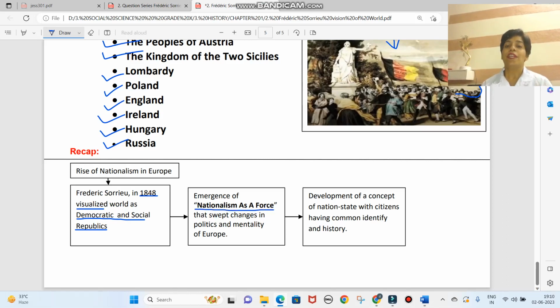That's how nationalism emerged in the entire Europe as a force that swept changes in politics and mentality, and the concept of the nation state, with citizens having a common identity and history, arrived.